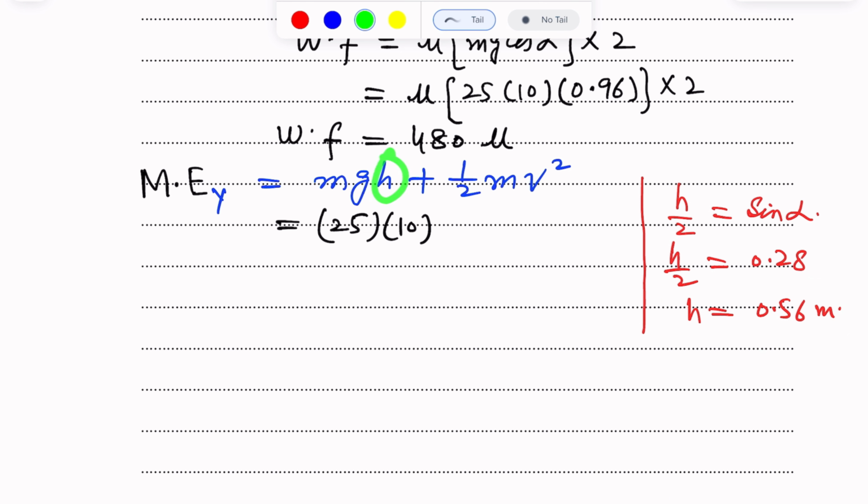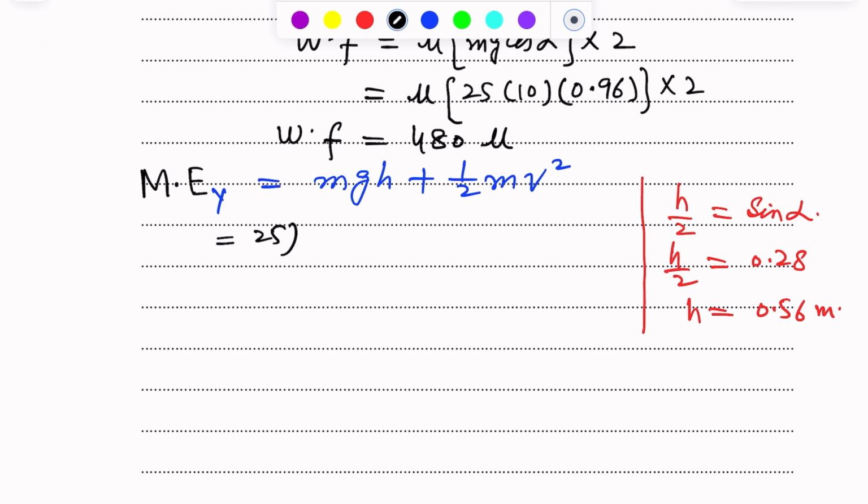So we put the value of height: mgh is 25 into 10 into 0.56, plus 1/2 mv square, where m is 25.